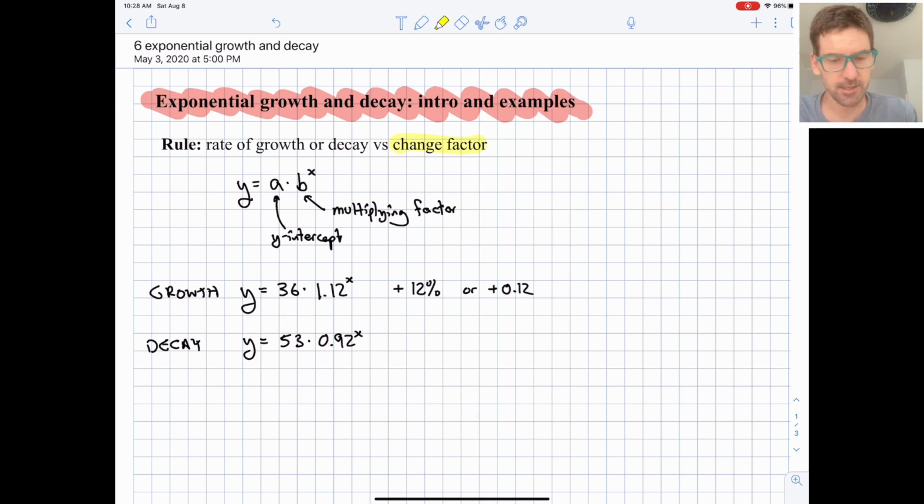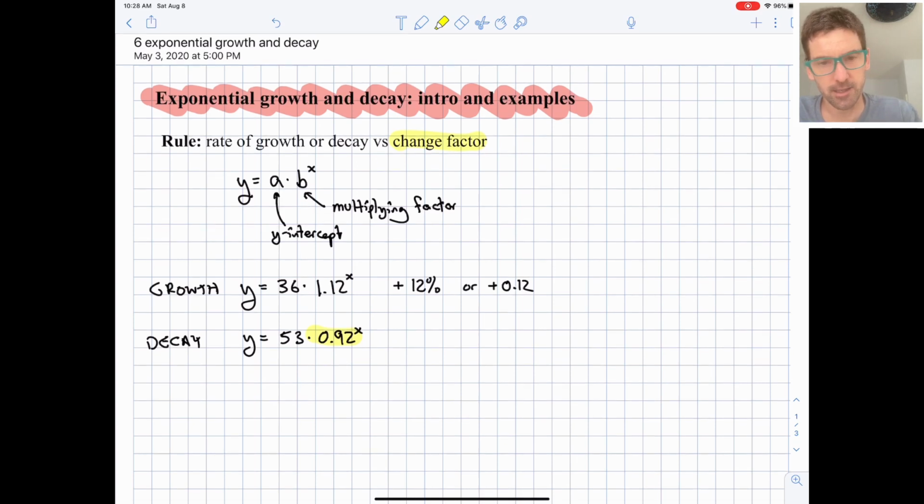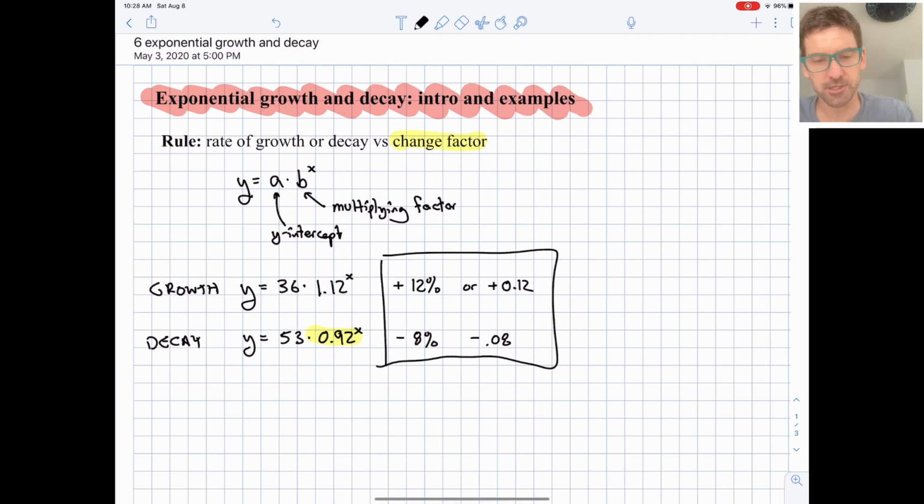And then next, this represents exponential decay. So we're starting with 53 grams of some radioactive material, say, and it's decaying away at a rate of minus 8% each time, each year, each hour, we don't know, or minus 0.08. So I call these numbers the change factor.